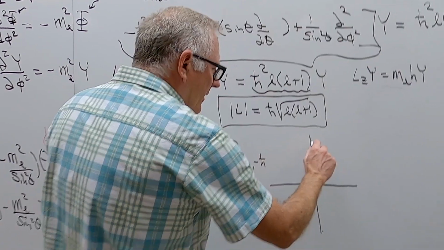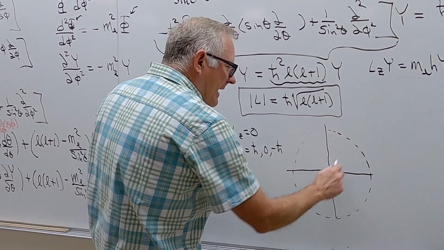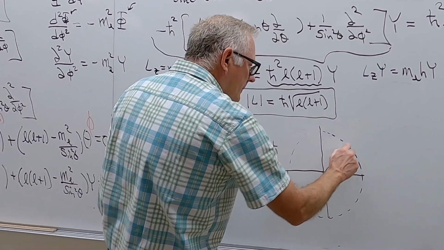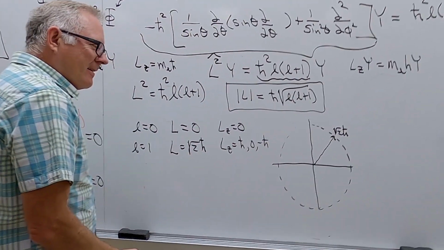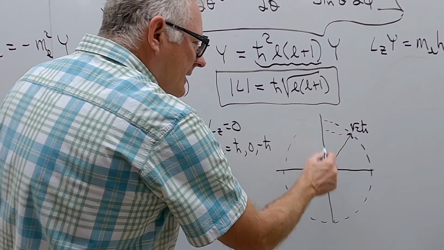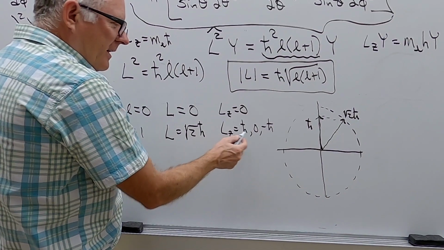So if you were to draw a sphere where coming out to here is the square root of 2 h bar, but the z component can only be h bar, that would mean the z component is just h bar, or it can be 0.